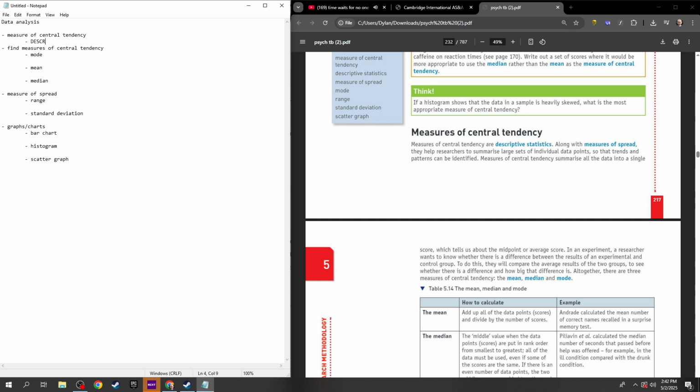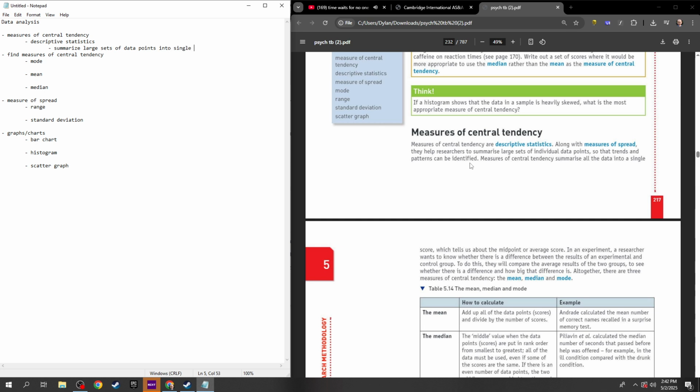So they are descriptive. Oh, had a caps lock on. Measures of central tendency. Descriptive. Wow, I can't spell. Maybe I can type more like statistics. Summarize large sets of data points.